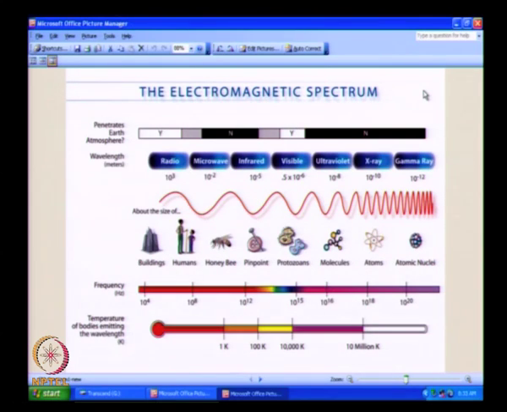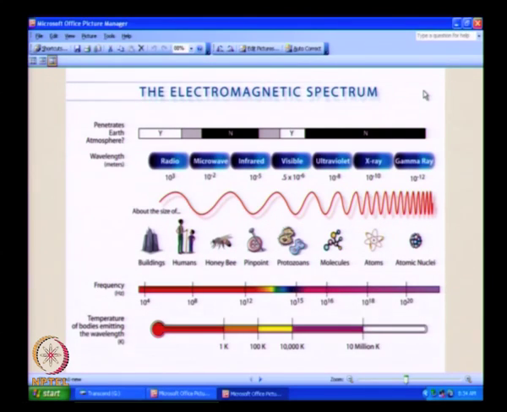And this gives you the approximate size; the wavelength corresponds to the order of magnitude of the various things you encounter, okay. For example, radio waves have 10 to the power of 3 meters wavelength, gamma rays 10 to the power of minus 12. Gamma rays have a terrific frequency, about 10 to the power of 20 hertz.